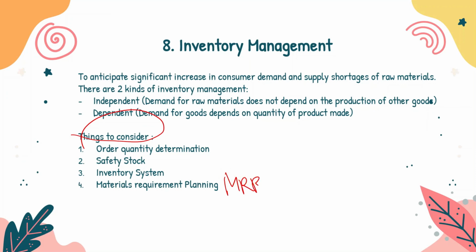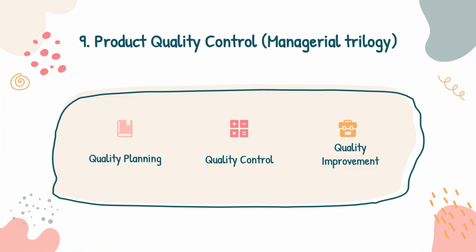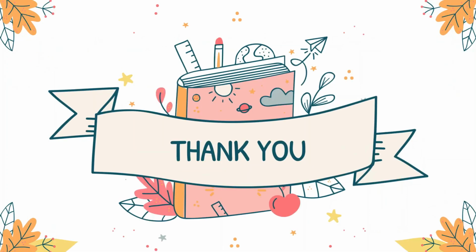Basically, in the technical and technological aspect, you already learned it in your operation management. And this is how you can control the quality of your product. That's all regarding the technical and technological aspect.